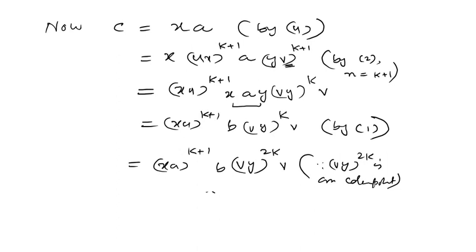Now we can write it as x a power k plus 1, then we have b, then we can write this as vy power k plus 1 and vy power k minus 1. You can add these two things, you will see it will be vy power 2k, then we have v here.